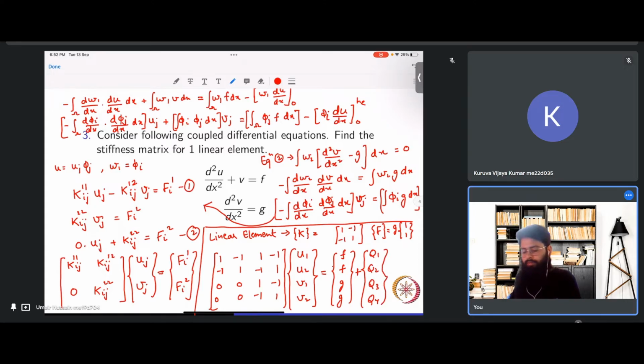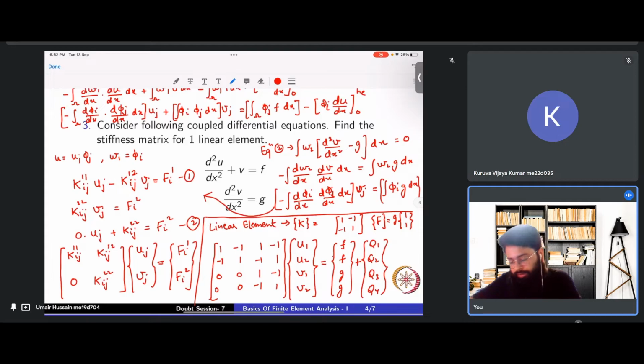So we have this set of equations where u1, u2, v1, v2, and q1, q2, q3, q4 are the unknowns. So can someone tell me how many boundary conditions we need to solve this problem? I'll wait for the answer.